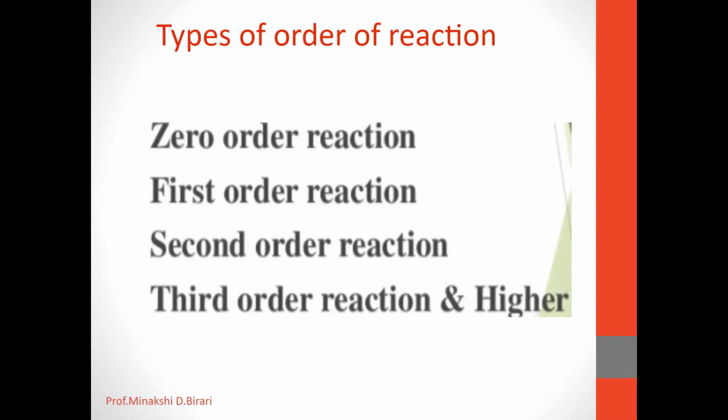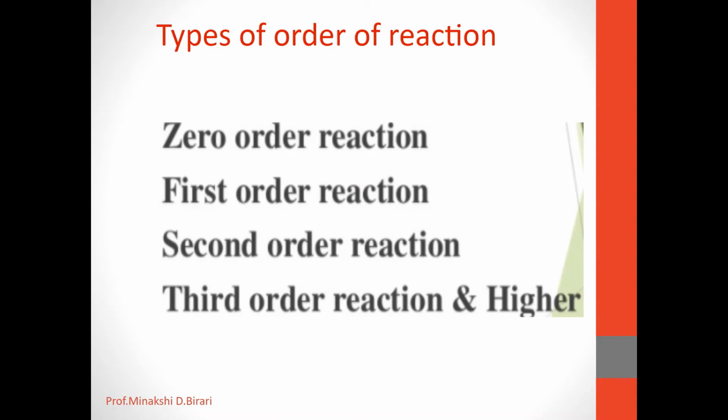So what are the types of order of reaction? These are zero order reaction, first order reaction, second order reaction, third order reaction, or higher order reaction, or also pseudo order reactions.